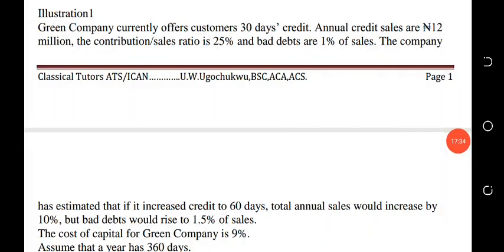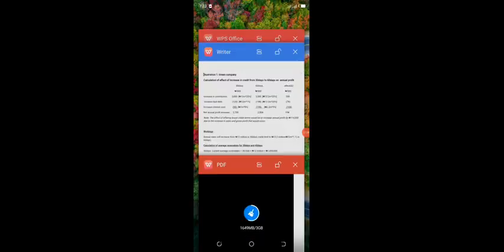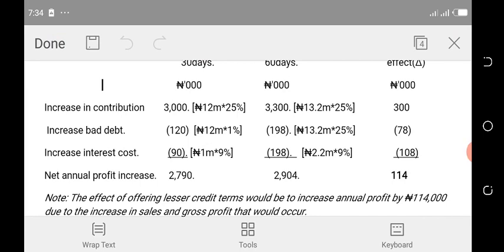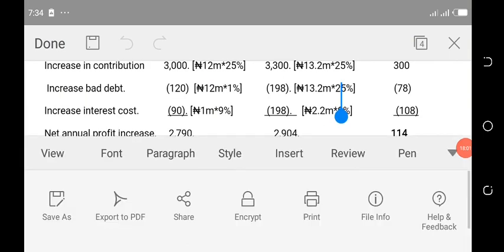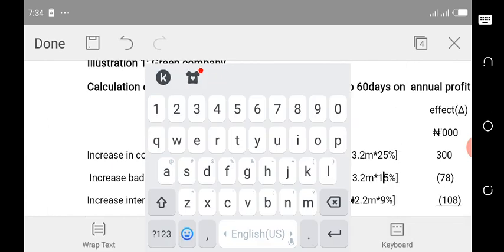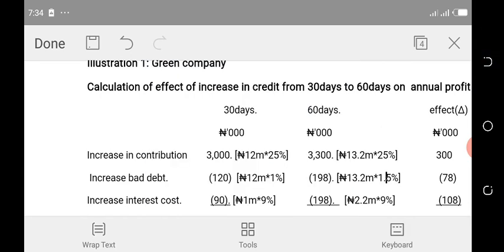So we will now apply it to our new sales, which is 13.2 million times 1.5%, which would give us 198,000.